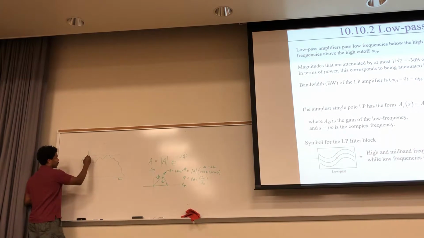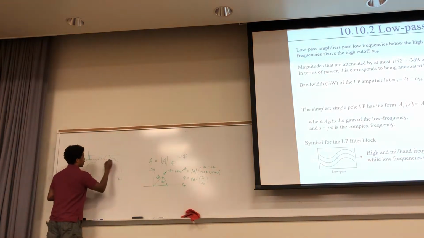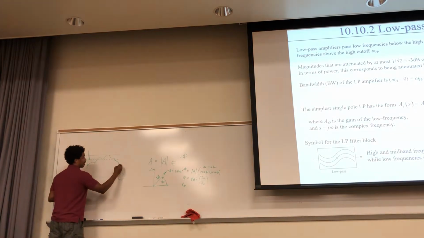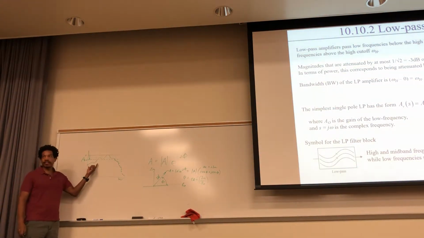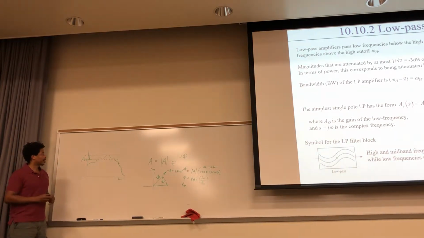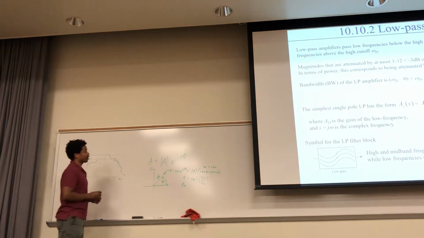If you go 3 decibels down from that, so whatever this is, some value x, and here's x minus 3 decibels. Anything below that, all this right here, is considered to be filtered out. And that's what that means. It's there. It's just attenuated below that value of 3 decibels, which is 1 over square root of 2 of the magnitude of the amplitude.